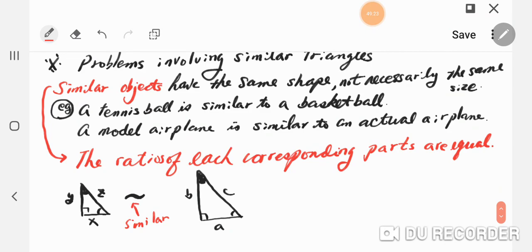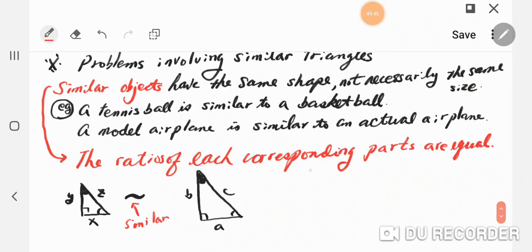So it's enlarged or shrunk, then we call it a similar triangle. And the angles are the same. So if 2 triangles are similar, then the ratios of each corresponding parts are equal.